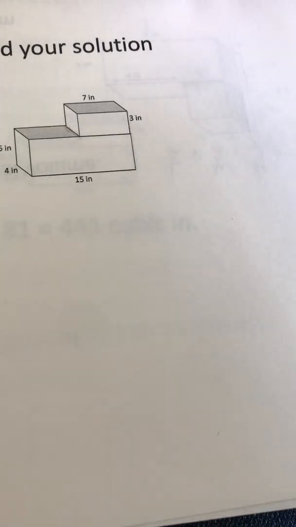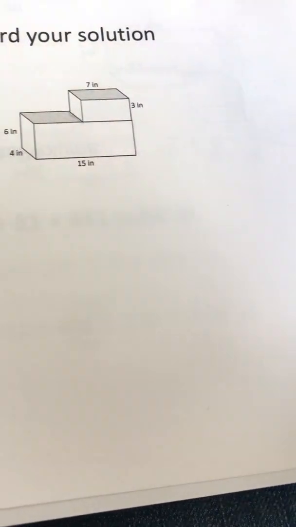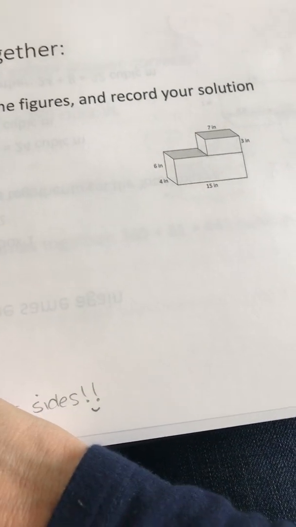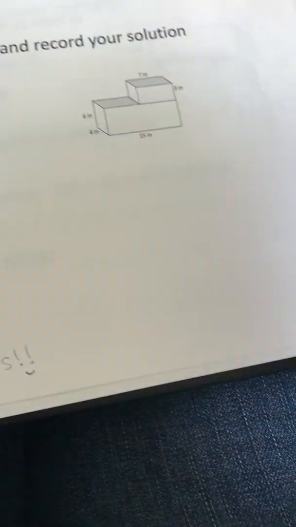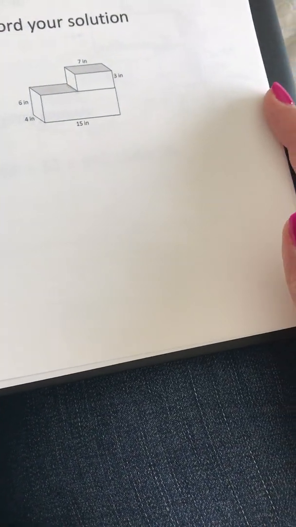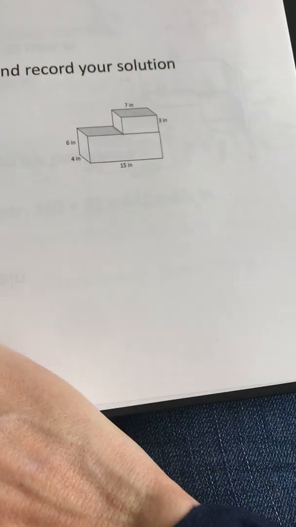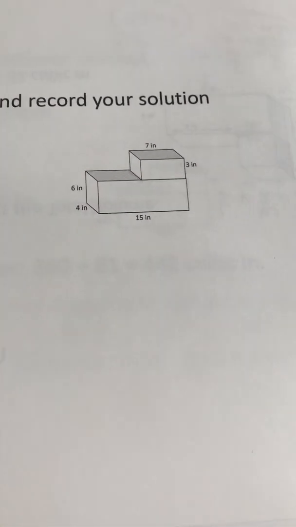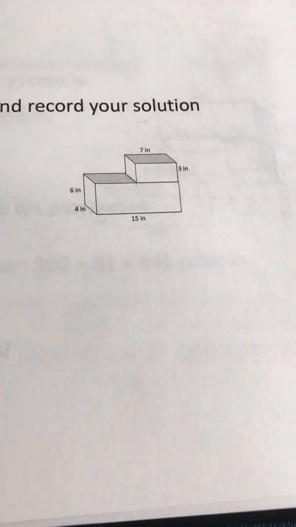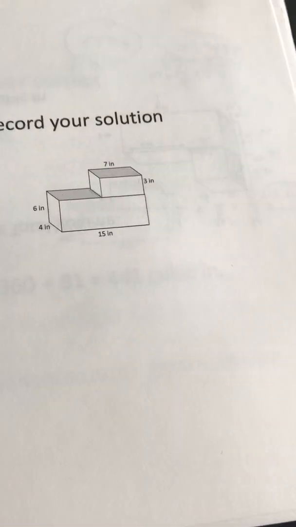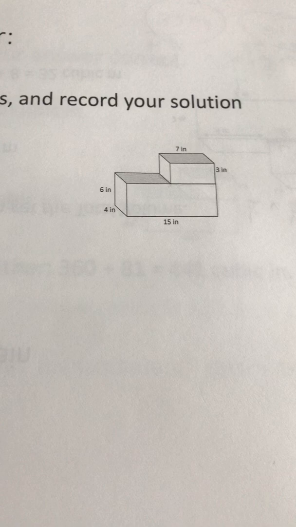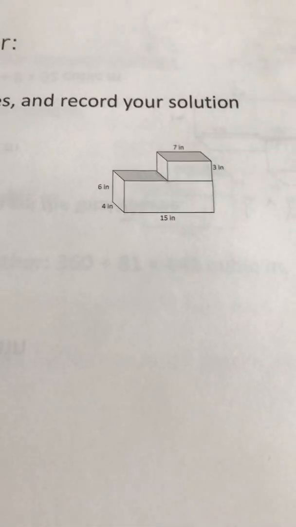Let's do this one together. I'm going to guide you through this. Find the total volume of the figures and record your solution. As you're doing this, I also want you to make sure that you're writing a multiplication sentence. Please don't just go ahead and figure out and say, this is my answer.